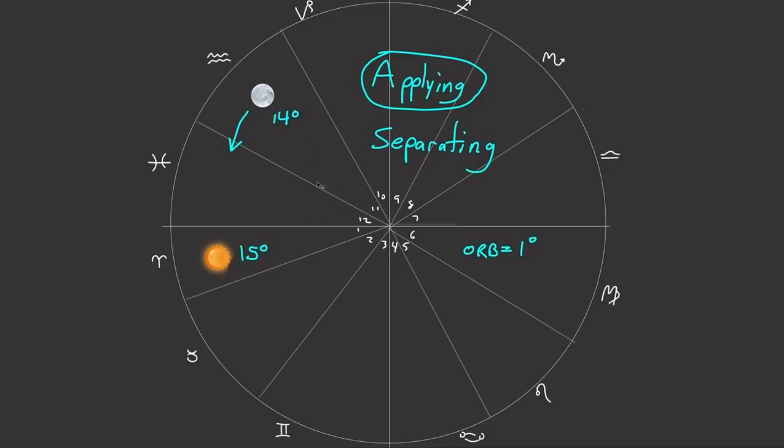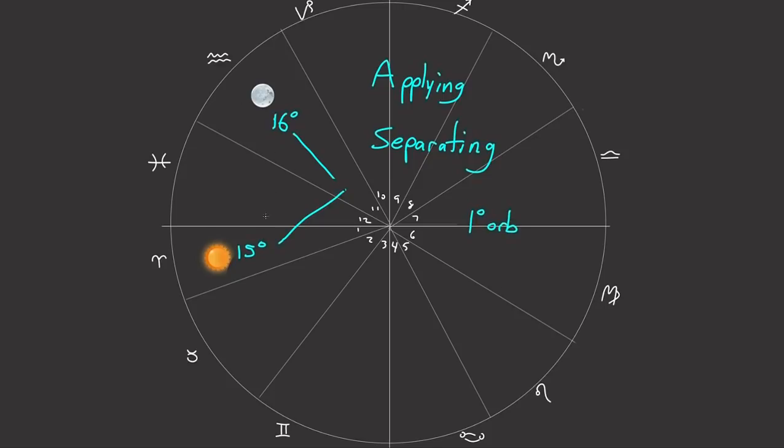So that is applying. Now let's say the moon is at 16 degrees, and the sun, for imaginary purposes, is still at 15 degrees. Now they still have an angular relationship, which is very close, right? Again, we're at a 1 degree orb, but it's a different orb because the moon is faster.